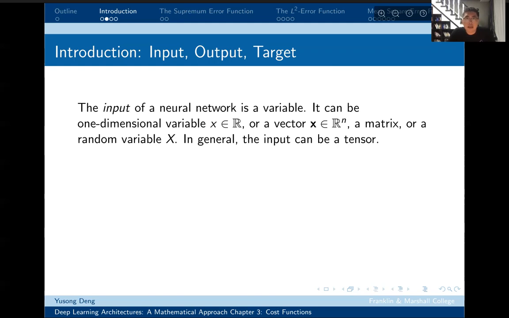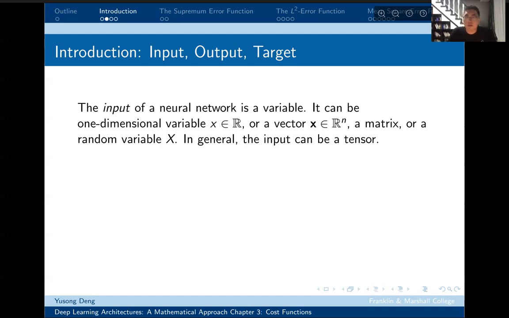So generally speaking, a vector X that is in Rn, a matrix, or a random variable, the capital X, and in general, the input can be a tensor. So a tensor is the input of the neural network. As you may know, there is a famous package you can utilize when building up a neural network, when coding, which is TensorFlow.